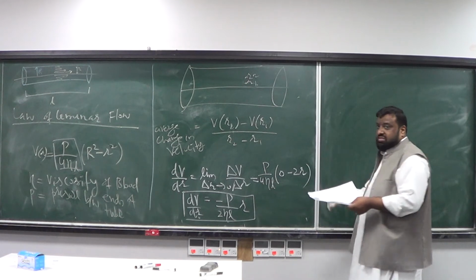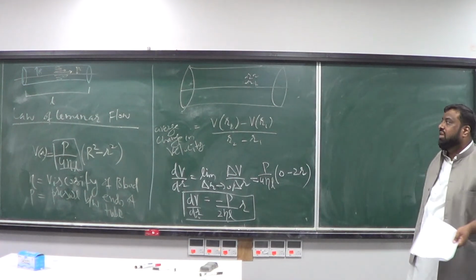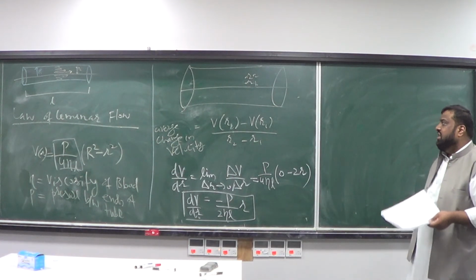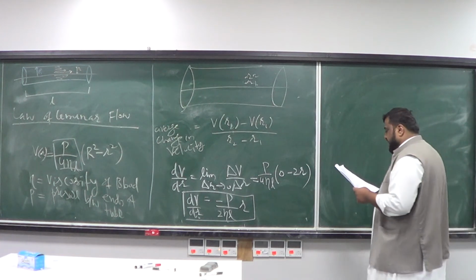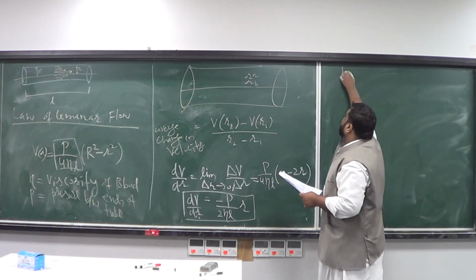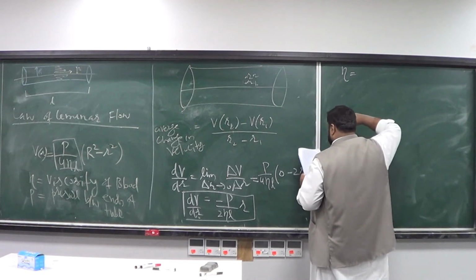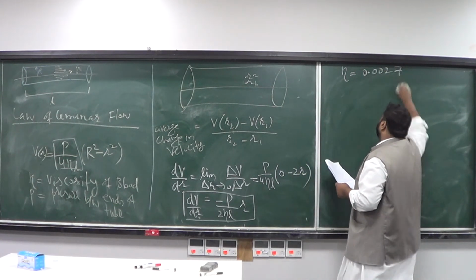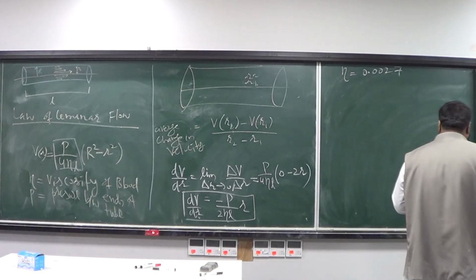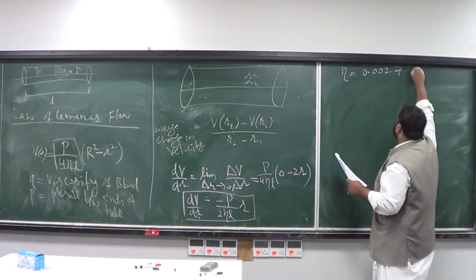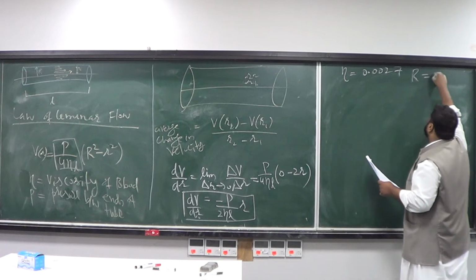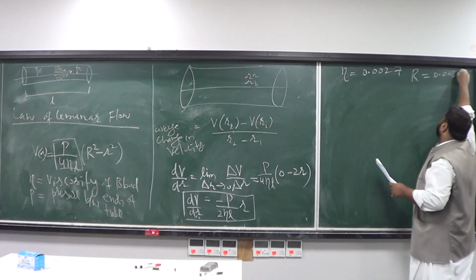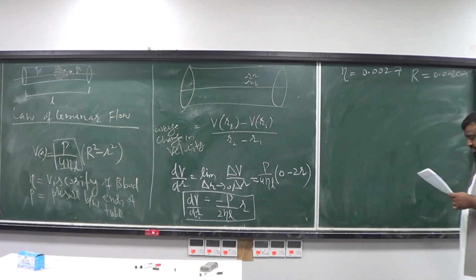For that, the viscosity of the blood can be taken as 0.027. These things can be found experimentally. And let's assume that the radius of that artery is 0.08 centimeter.